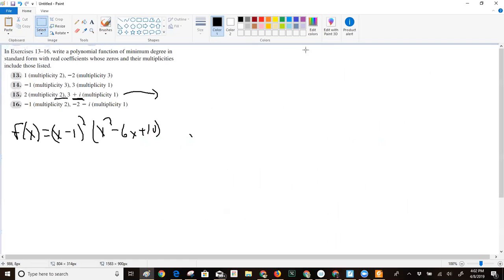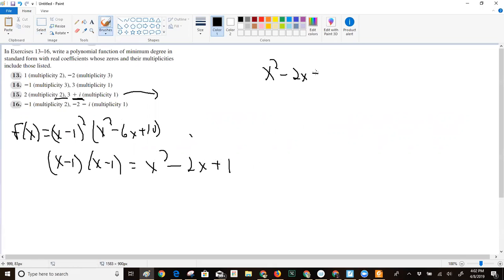So you know what, I'm going to do this natively in Paint. I've got to expand the x minus 2. So remember, x minus 2 squared is x minus 2 times x minus 2. That gives me x squared minus 4x plus 4. And then that leaves me x squared minus 4x plus 4 times x squared minus 6x plus 10.